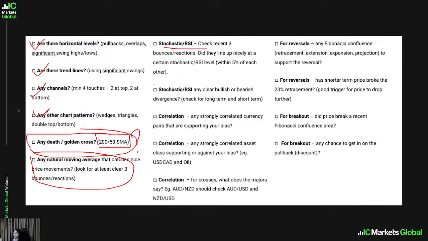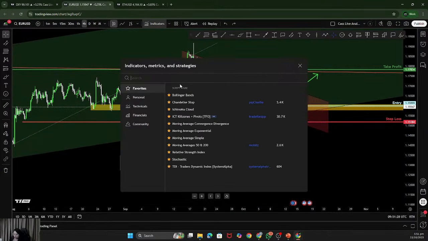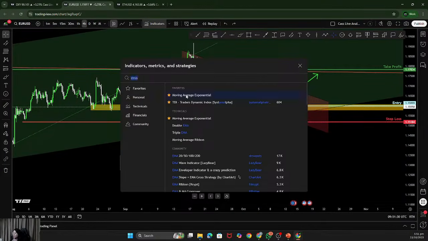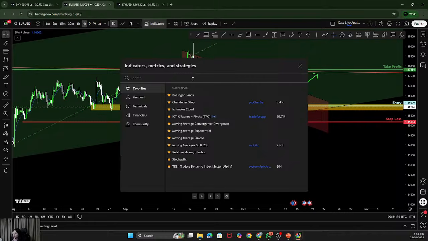Then I'm going to pull out stochastics to see if it's telling me anything, and then try using correlation by pulling out the XY. So let's first pull out EMA. We're pulling out two EMAs, by the way. Why is it only one?